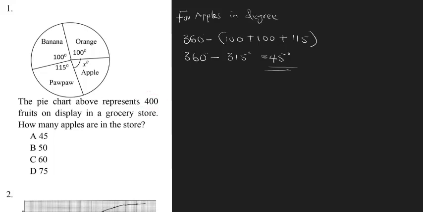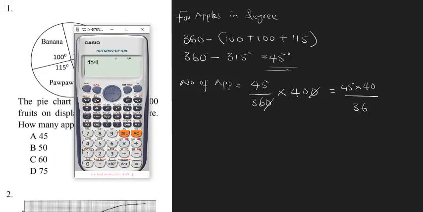So the number of apples now will be 45 over 360, times 400. So we can cancel this 0, then we are left with 45 times 40 over 36. So let's use the calculator.